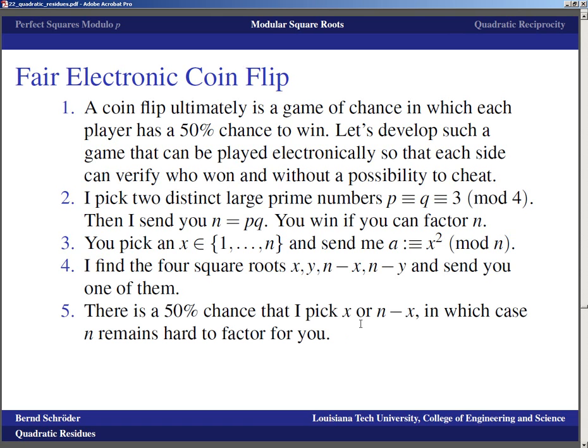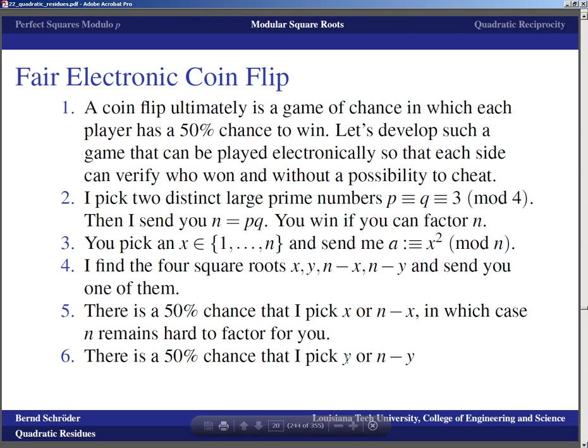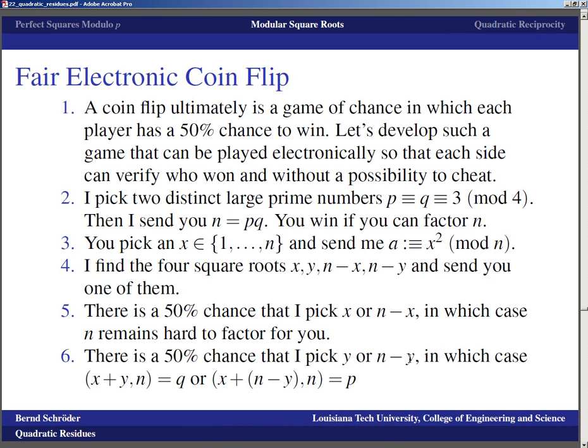So there's a 50% chance that I pick x or n minus x, because I don't know which of the four numbers is the number or n minus the number that you chose. And if I pick that, then the number remains hard to factor for you because I haven't given you any new information. But there's also a 50% chance that I pick y or n minus y, in which case we will have that the greatest common divisor of x plus y with n is q, or x plus n minus y, greatest common divisor with n is p.